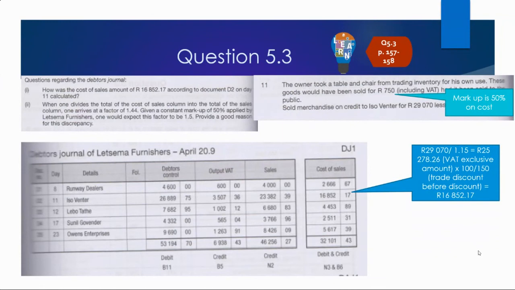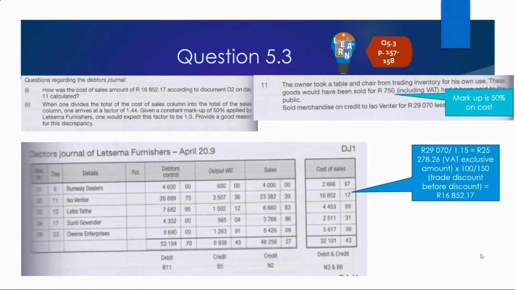When we worked out that cost of sales now, that 16,000, that cost of sales amount is before a trade discount, whereas the sales amount was calculated after the sales discount or the trade discount. So for that reason, your trade discount results in a variation in the percentage.